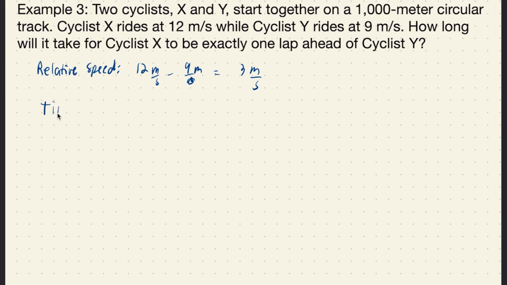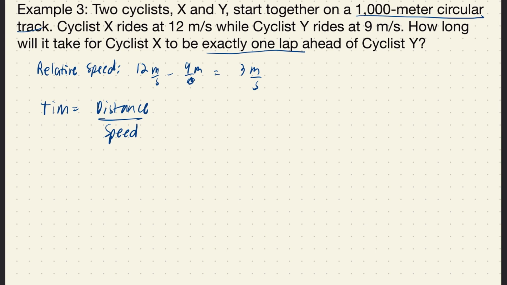So, the formula that we use, we are asked for the time. So, time is equal to distance over speed. Okay? So, since the distance that we're looking for is exactly 1 lap and the whole circular track is 1,000 meter. So it will take 1,000 meters to get into 1 lap.